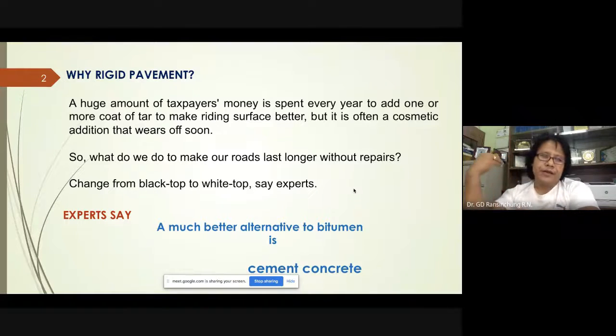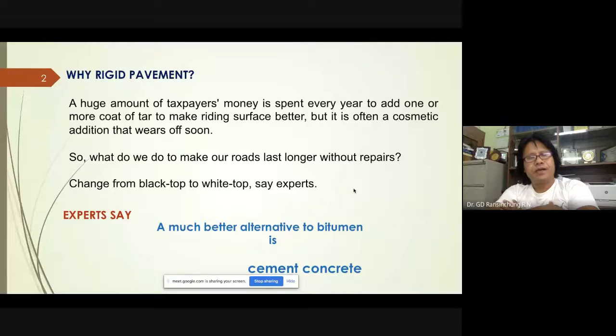Therefore, I would like to briefly share with you, not comparisons, but a kind of justification, along with some opinions shared by some of the experts. Some of the experts say, why rigid pavement?